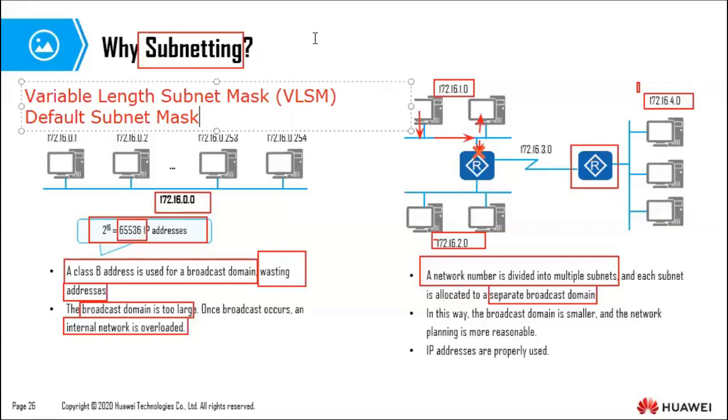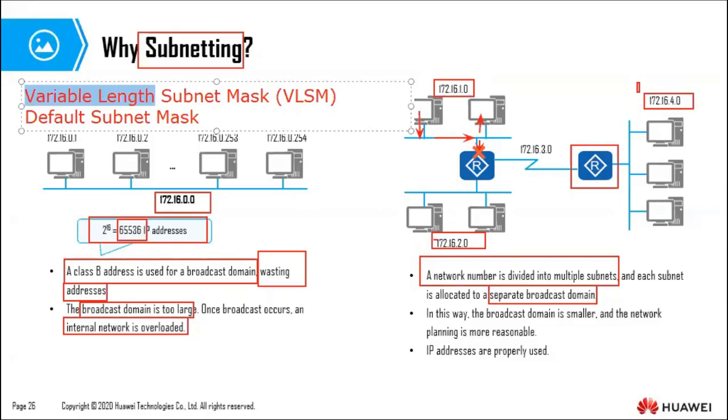Variable length subnet mask simply means that instead of using 8, even though it is a class A address, we can use 10 or 12 or 13 or 14 or 15. That's why we say variable length subnet mask, and not fixed, not default as per the classes. So that is how we implement subnetting.